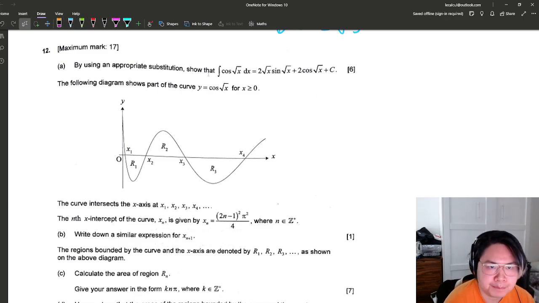Okay. Using substitution, integrate this. What kind of substitution? Like u substitution? Ugh, this one looks kind of weird.